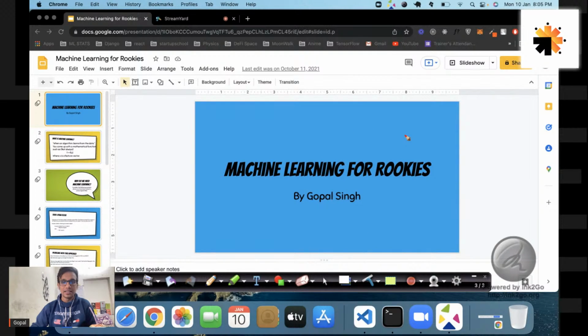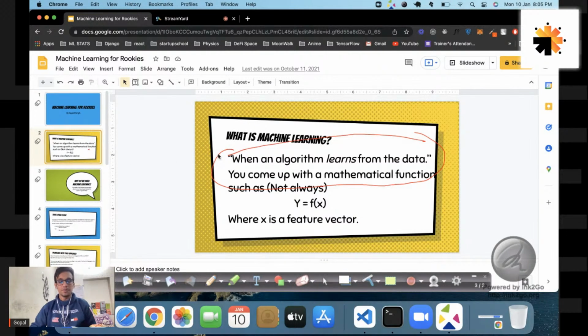What exactly is machine learning, and why do we need it in the first place? Machine learning is the process of extracting or extrapolating patterns out of data.